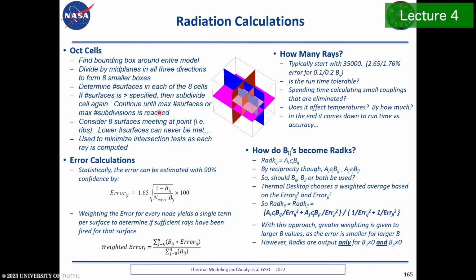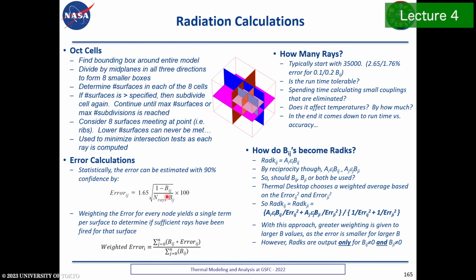So when it has fired a number of rays, it will statistically determine whether it's fired enough rays or not based on the error that you asked for when you solved. So there's a weighted error. The error for each ray, or I guess for each Bij, is numerically defined as this.